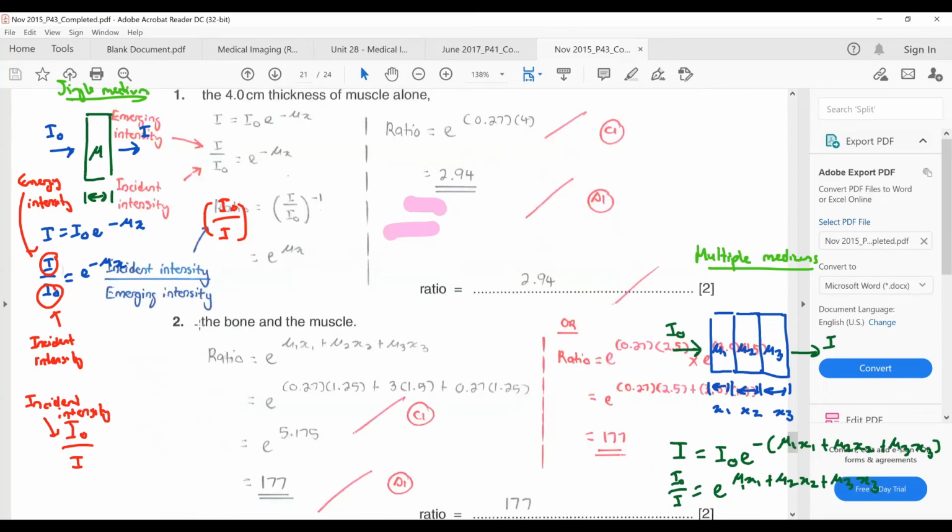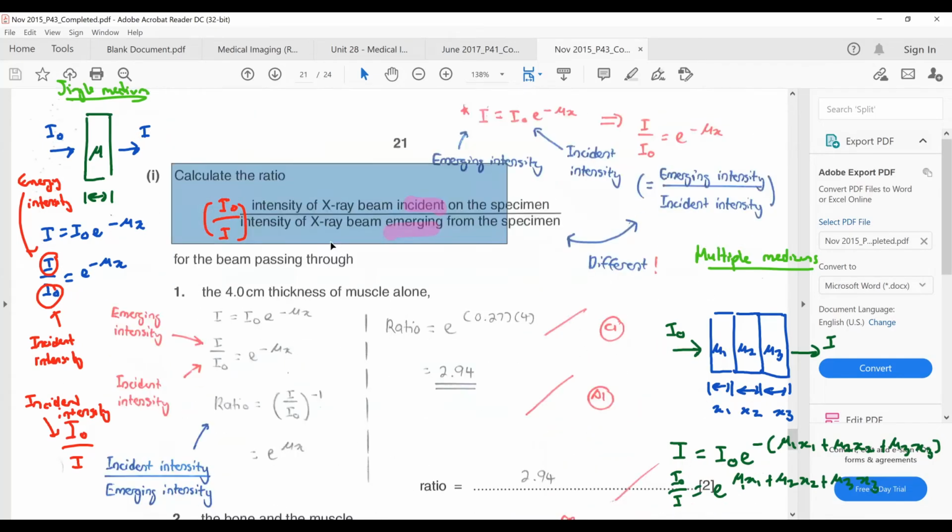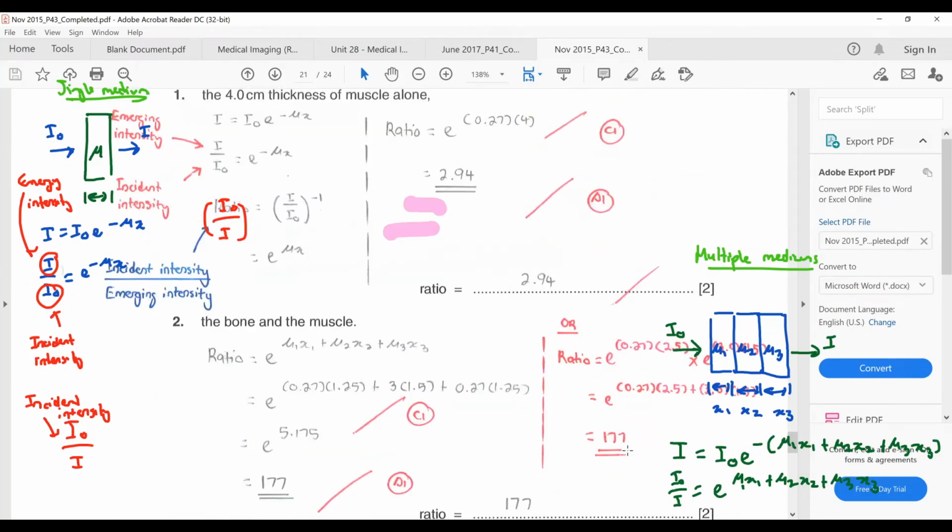Based on your formula on the bottom right, you say I equals to I naught, then exponential to the power of negative something, right? Then why, when you shift I naught to the other side, does it become on top? You get what I mean? Then I get what you mean.